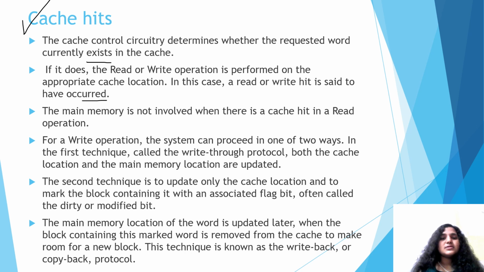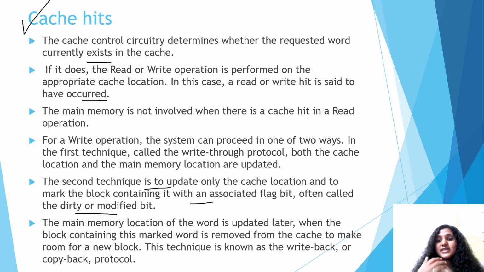Next, the main memory is not involved when there is a cache hit in a read operation. For a write operation, the system can proceed in one of two ways. In the first technique, called the write-through protocol, both the cache location and the main memory location are updated. The second technique is to update only the cache location and to mark the block containing it with an associated flag bit, often called the dirty or modified bit.